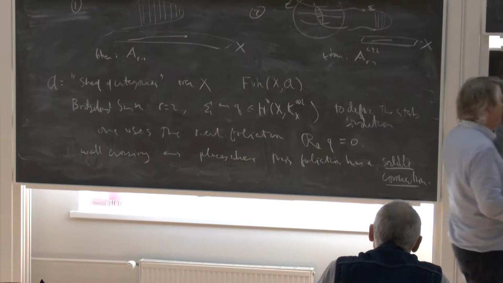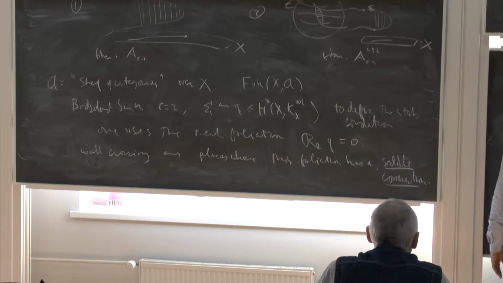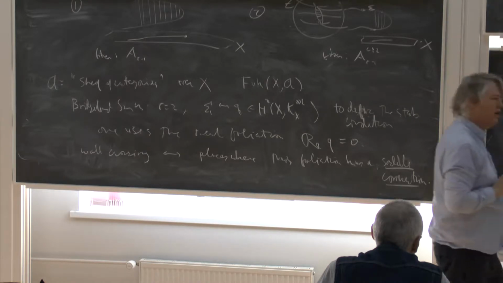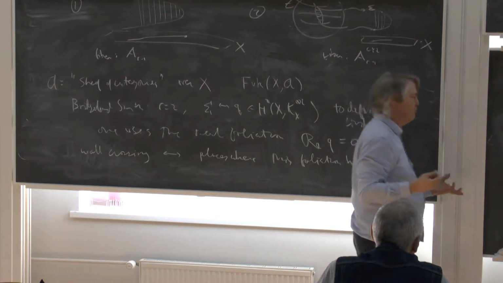So now let me draw the foliation. The foliation is typically going to look something like this. This is Thurston theory and so on, about what the foliation looks like when you have a quadratic differential.